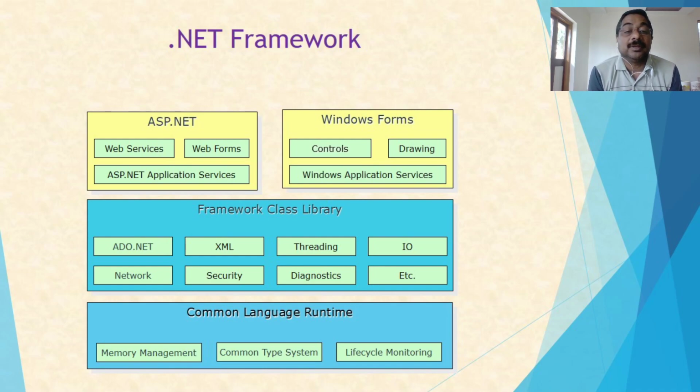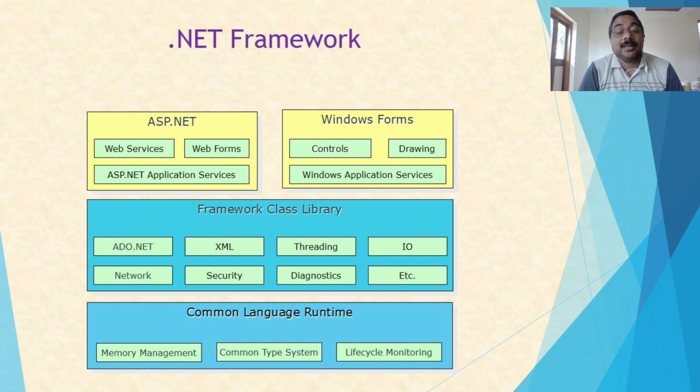The yellow colored layer has ASP.NET and Windows Form, where at the outer part we can develop web services and web forms, and those application services can be developed. In Windows Form we can develop controls, drawings, as well as Windows application services.